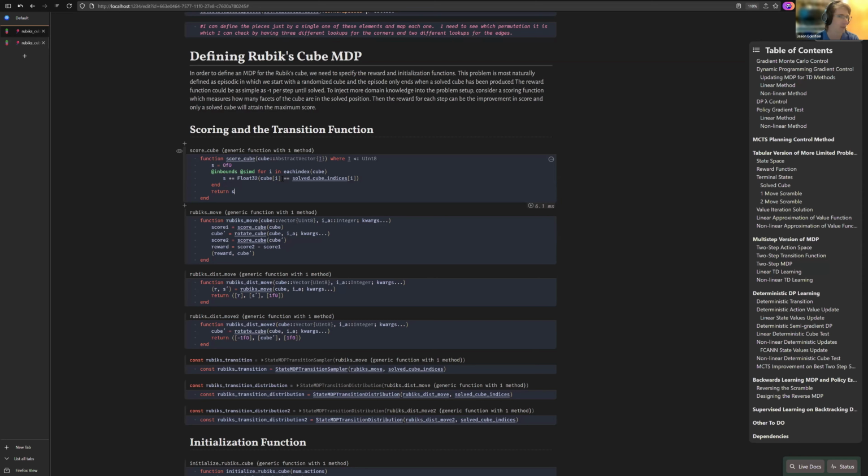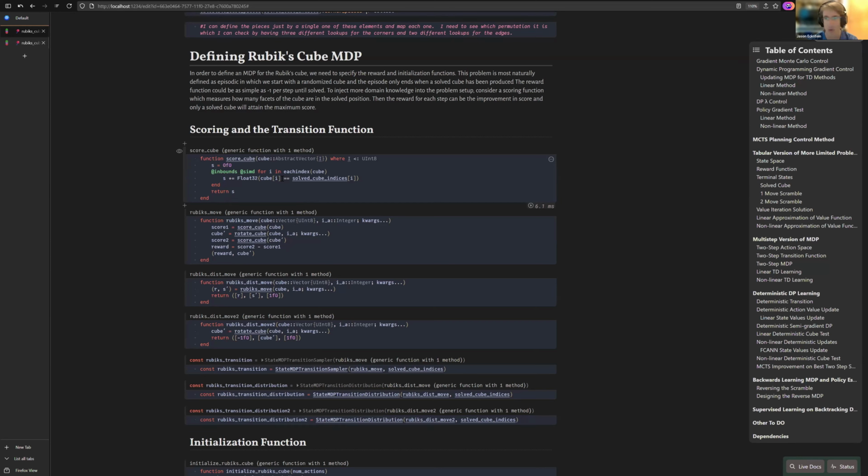And it's true that if you start with a scrambled cube, the only way to get the maximum score is if you solve it completely, because the maximum score is 48, whatever you start with.